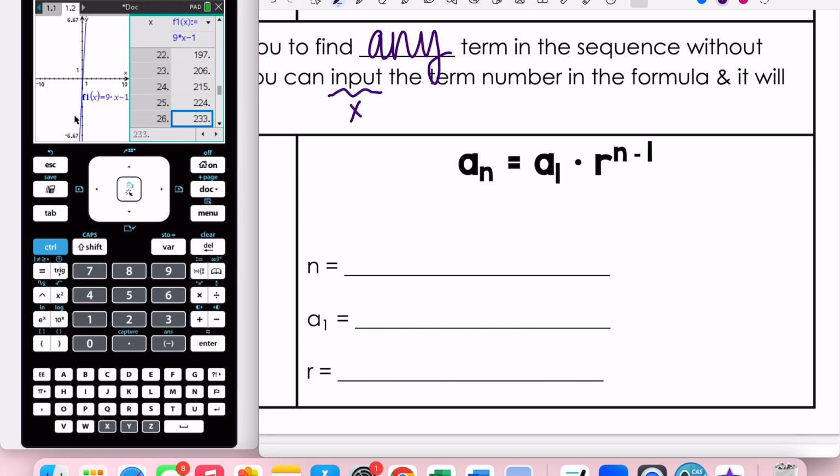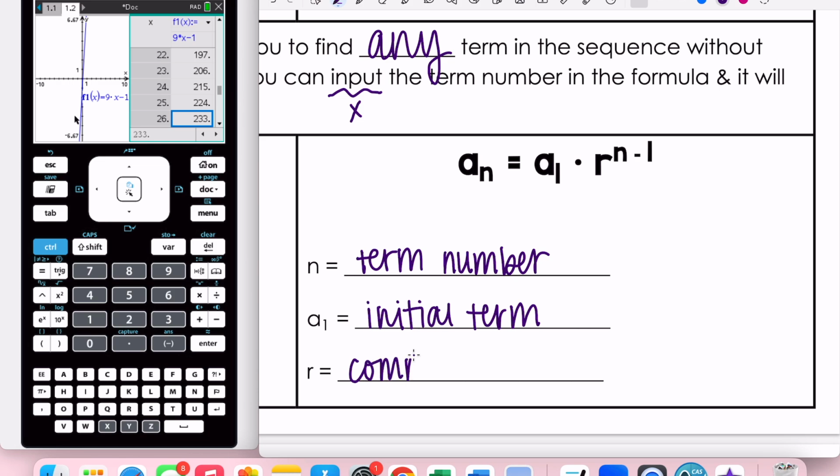Here, n stands for your term number, a sub 1 stands for your initial term, and r stands for your common ratio. To find your common ratio, you're going to take the second term and divide it by the first term. You'll see that here in just a second.